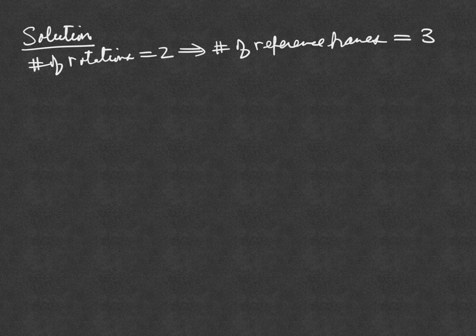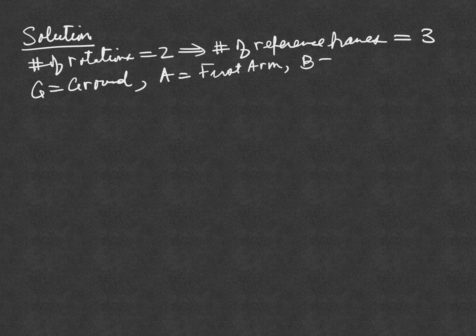Without spending too much time on reference frames this time around, the 3 frames are the frame of the second arm, the frame of the first arm, and the frame of the ground. So I'm going to call G the ground, A is going to equal the first arm, and B is the second arm.